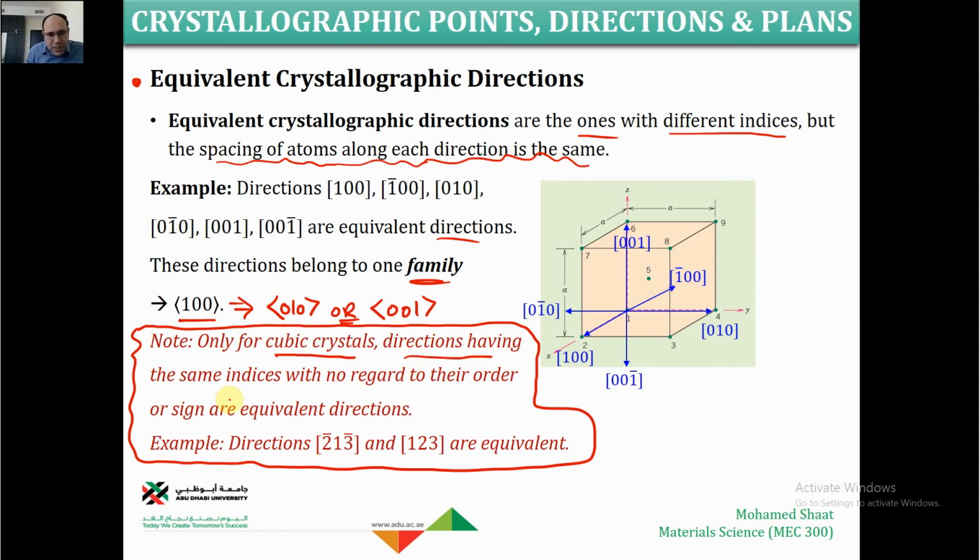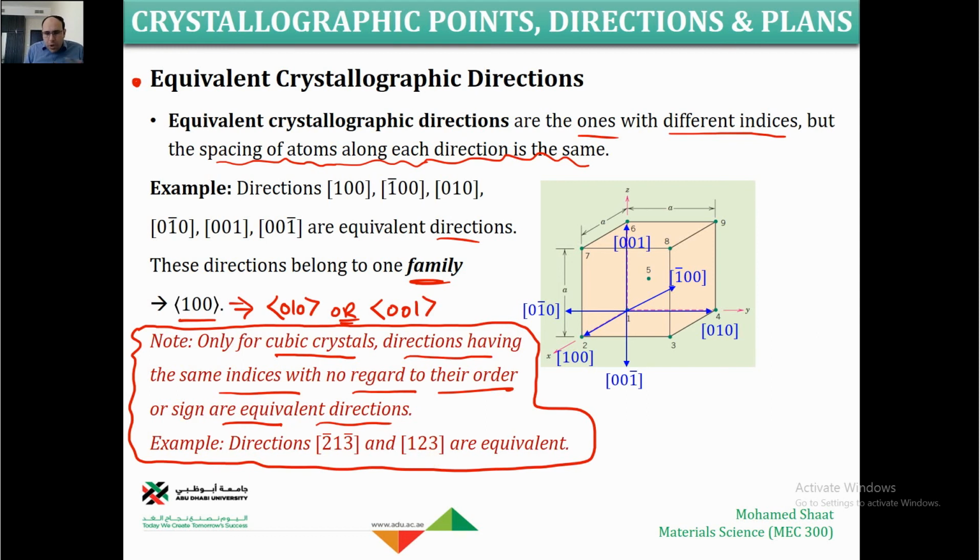Directions having the same indices, with no regard to their order or sign, are equivalent directions. For example, negative 2, 1, negative 3 is a crystallographic direction, and we have another crystallographic direction, which is 1, 2, 3.